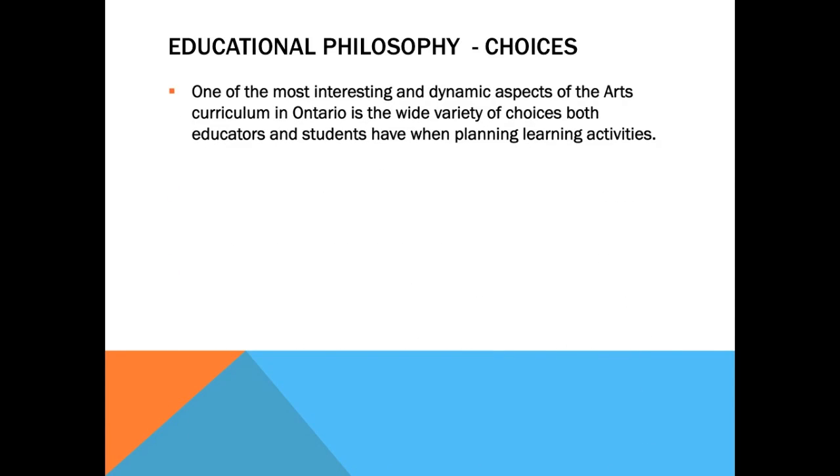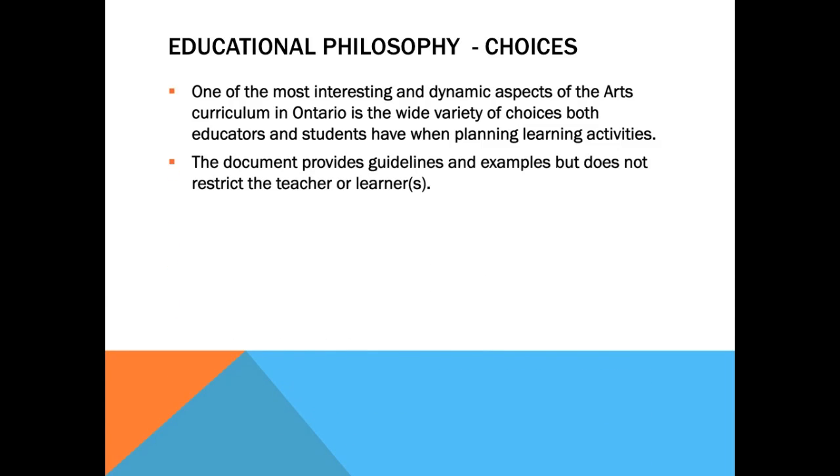Educational philosophy choices. So one of the most interesting and dynamic aspects of the arts curriculum in Ontario is the wide variety of choices both educators and students have when planning learning activities. The document provides guidelines and examples, but does not restrict the teacher or learners.